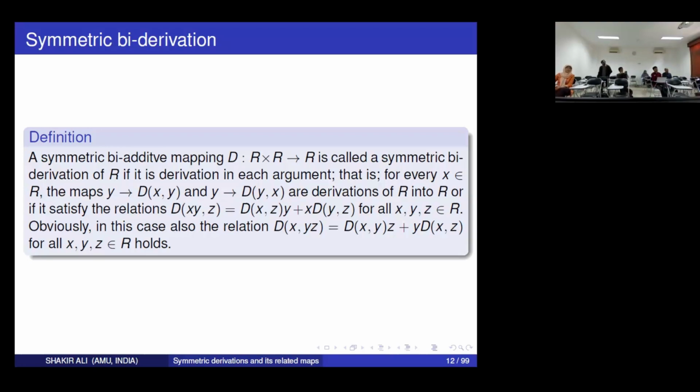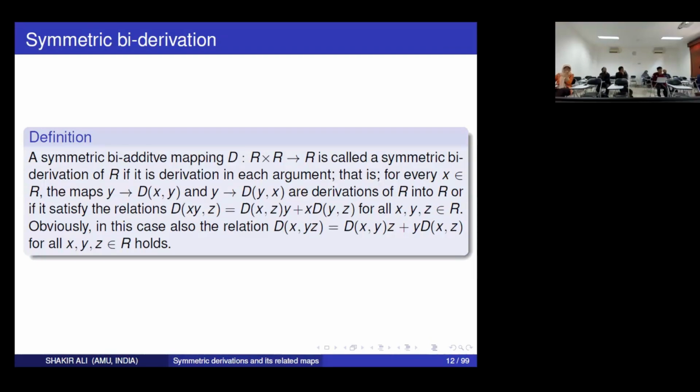Then look here, the symmetric biderivation of R. If it is a derivation in each argument, meaning it is a derivation in the first argument and a derivation in the second argument as well. What does it mean?